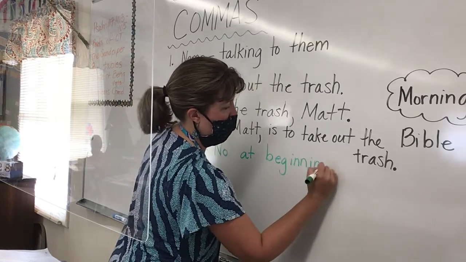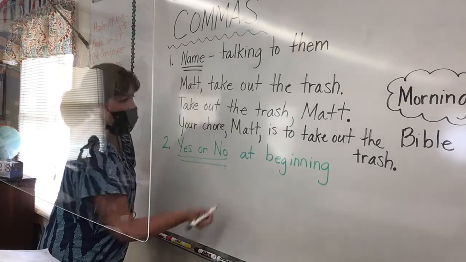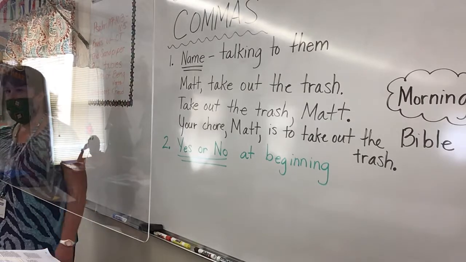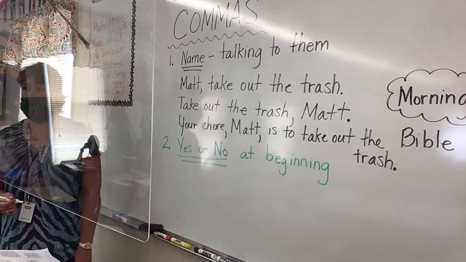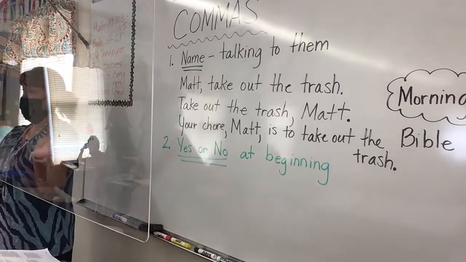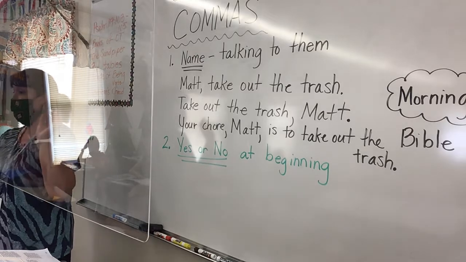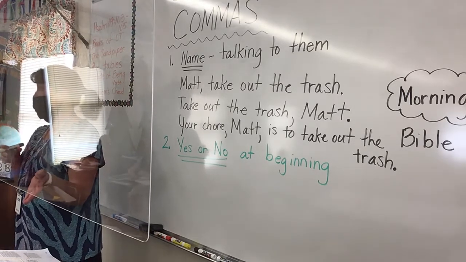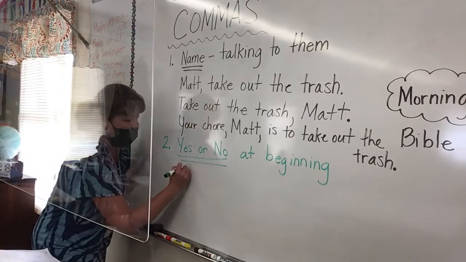Can someone give me an example? Logan. Yes, Mom, I will take out the trash. Oh, did you hear that? Now that's going to have lots of commas because not only is it yes, but what else is in there? You're talking to Mom. So you're going to write it like this.